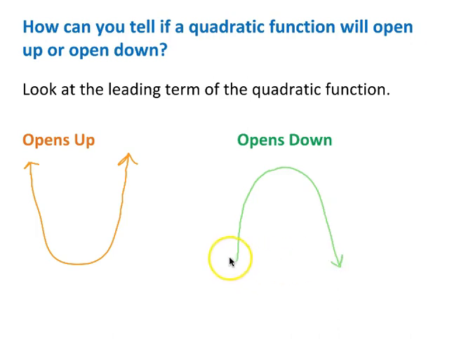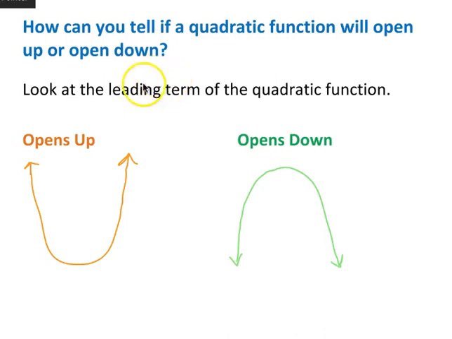So how can we look at an equation and determine if it opens up or down? What we're going to do is look at the leading term, or the leading coefficient. Remember we learned about leading coefficients in Unit 5?